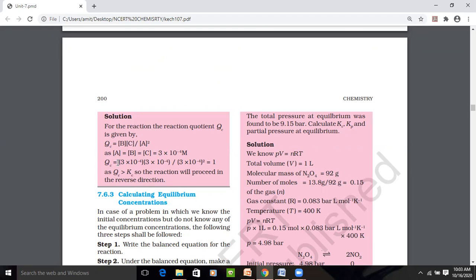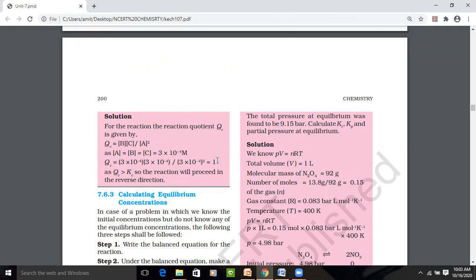So in Qc we substitute 3 into 10 to the power minus 4 in place of each species. Qc is equal to 3 into 10 to the power minus 4 times 3 into 10 to the power minus 4, which you can write as a square, upon 3 into 10 to the power minus 4 squared, right? Because the stoichiometric coefficient is squared as well.